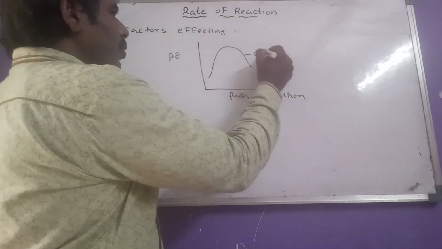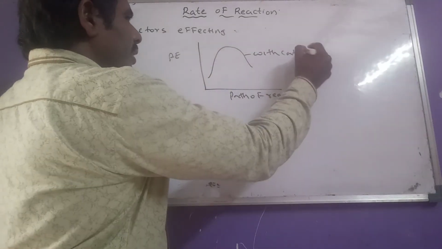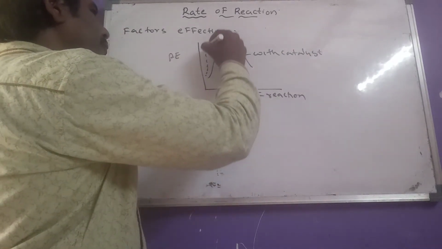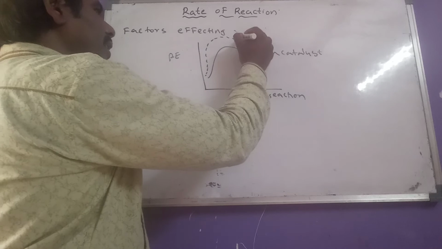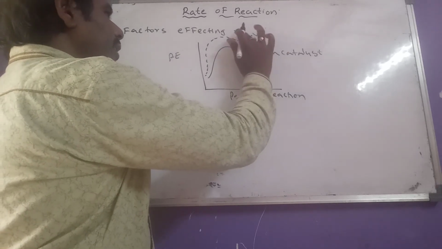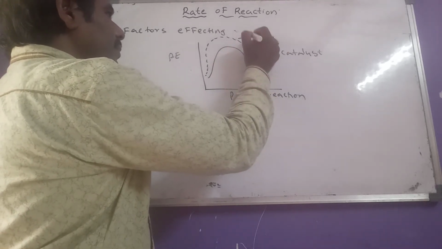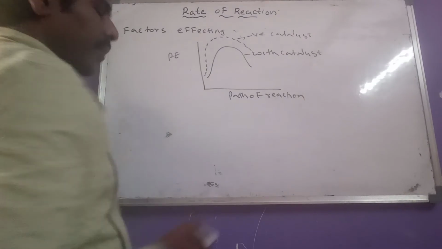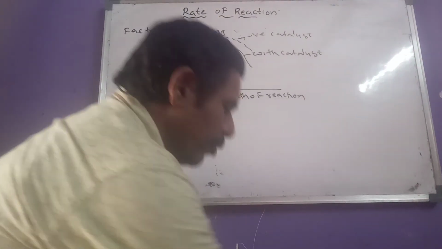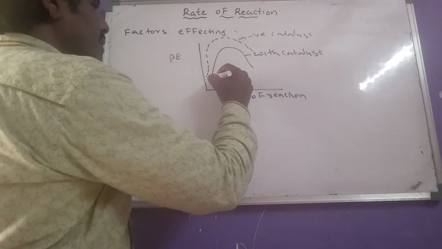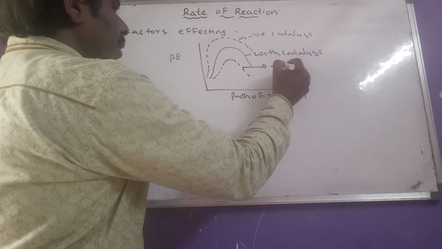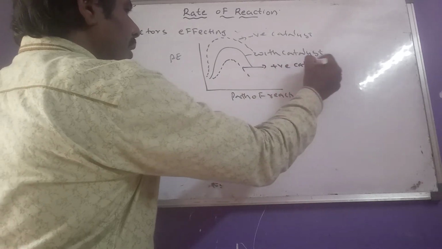This is without catalyst, this is the path of reaction, and if we use a negative catalyst, this is the path of reaction, and if we use a positive catalyst, this is the path for the positive catalyst.